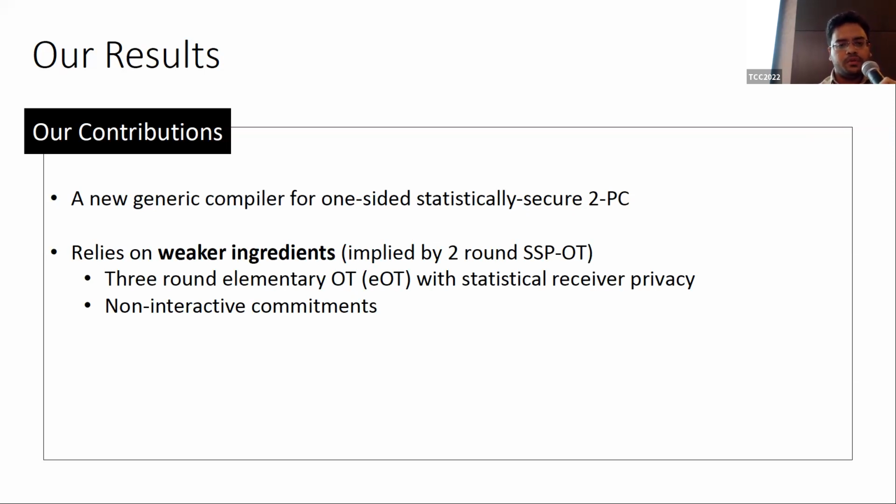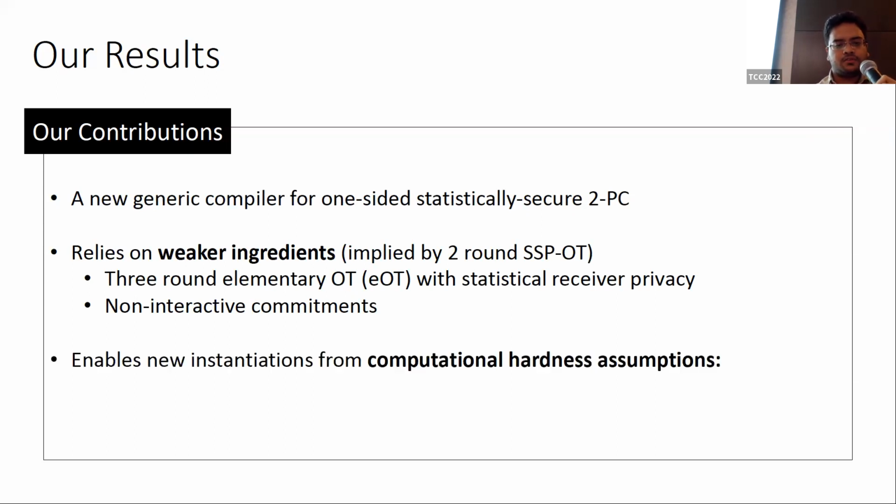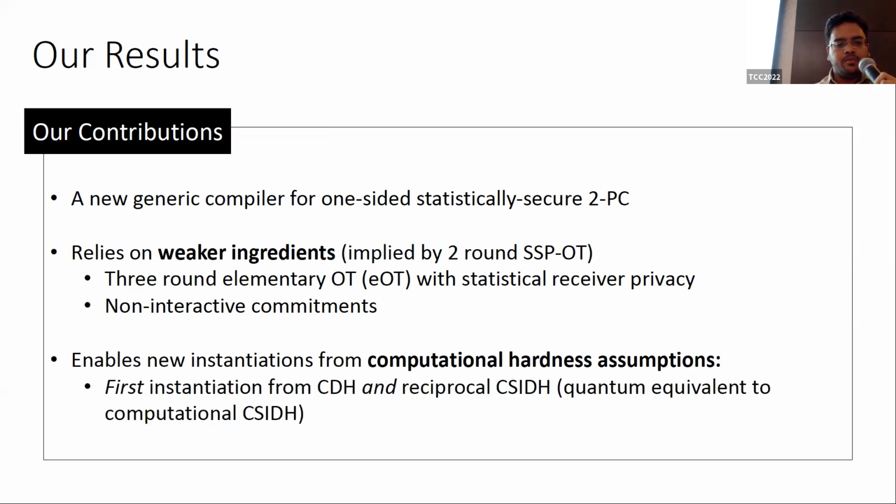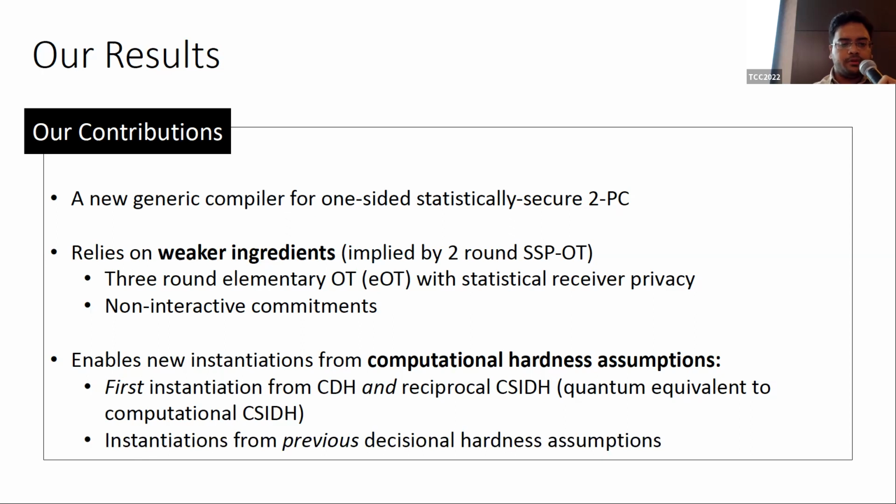So we relax the round requirement from 2 to 3, and this allows us to obtain new instantiations from computational hardness assumptions. Mainly, we obtain the first instantiation from CDH and the first instantiation from reciprocal C-site, which is weaker than decisional C-site. These are isogeny assumptions. We also re-obtain the result by KM20 by showing that 2-round SSP OT implies our weaker ingredients. You can construct our ingredients from 2-round SSP OT.